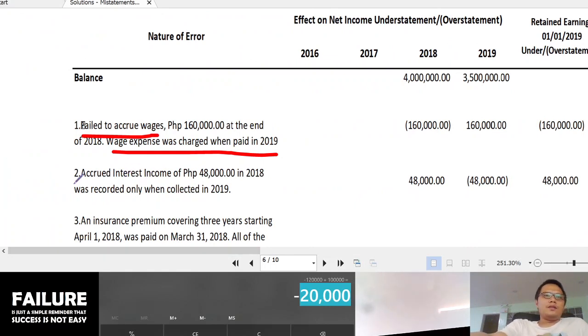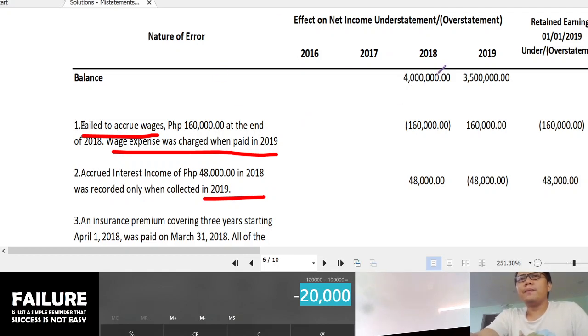So, next. Accrued interest income. So, anong nangyari dyan? Meron ka ng na-earn na interest income amounting to 48,000 in 2018. Pero, nirecord mo lang daw siya as income in 2019.